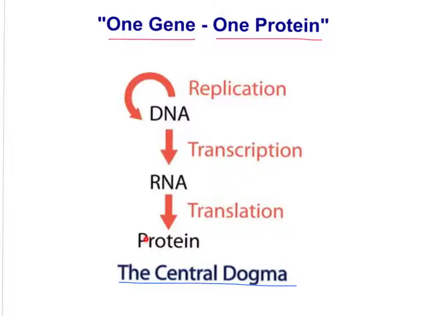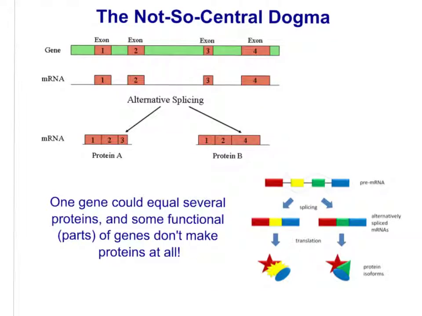It isn't always how things work. Sometimes we have found in modern genetics, sometimes one gene does not determine one protein. Let's look at a few different violations of this rule.